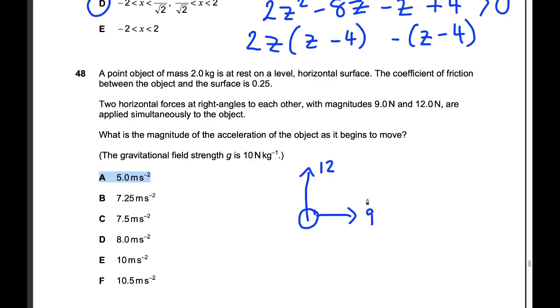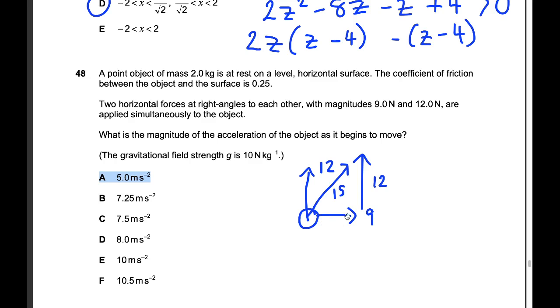So I can work out the resultant of these two forces by using a force triangle. I always say look out for these 3, 4, 5 triangles. Here's one here. So the third side of this triangle is going to be 15, and the reason for that is that this is just a 3, 4, 5 triangle multiplied by 3.